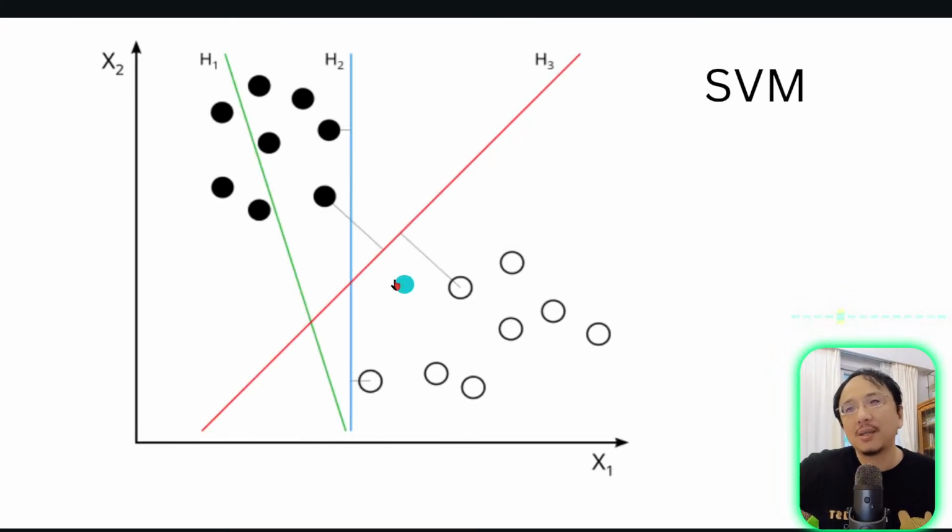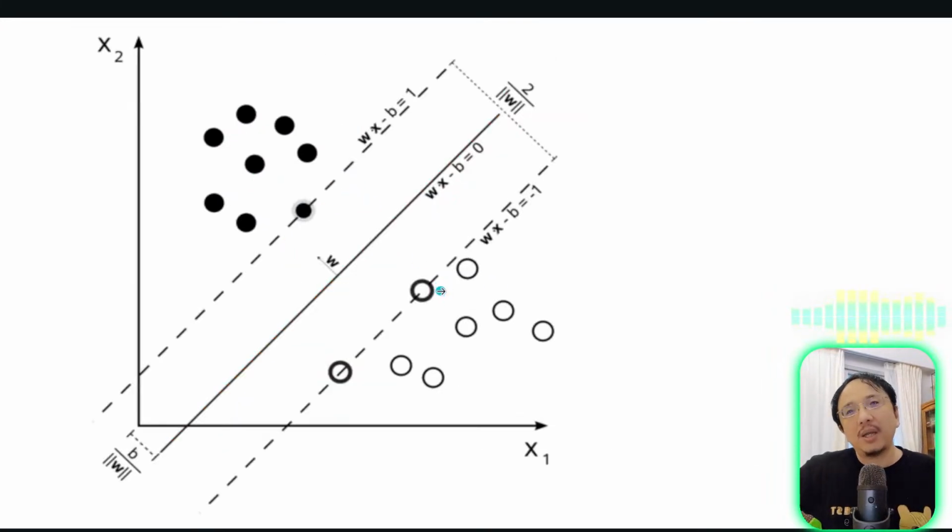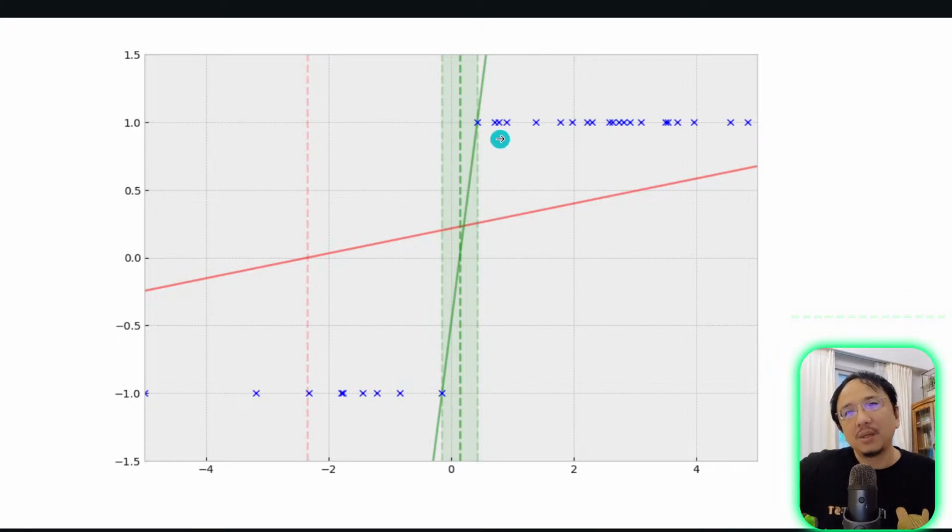These samples are called the support vectors. That's also where the name support vector machine comes from. So in this terminology, our decision boundary is exactly in the middle of these two support vectors. So that's our decision boundary.